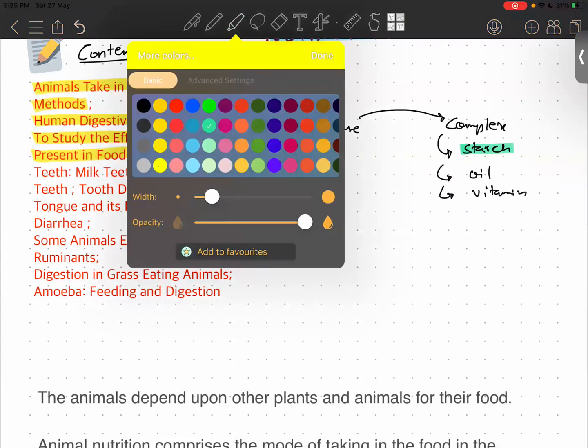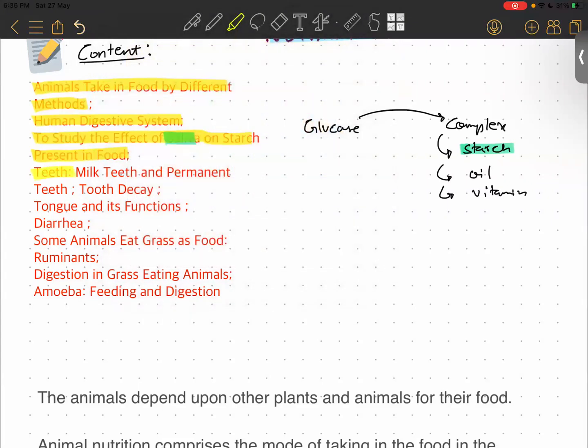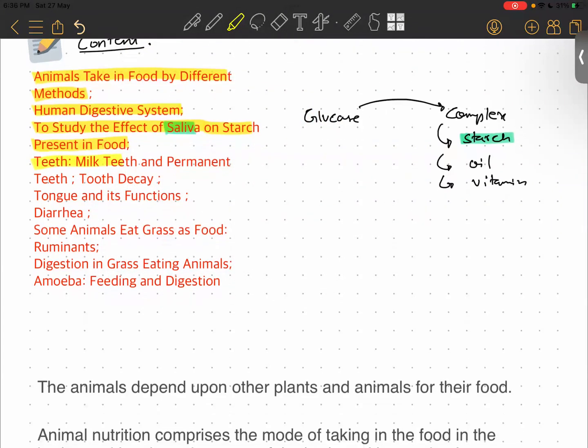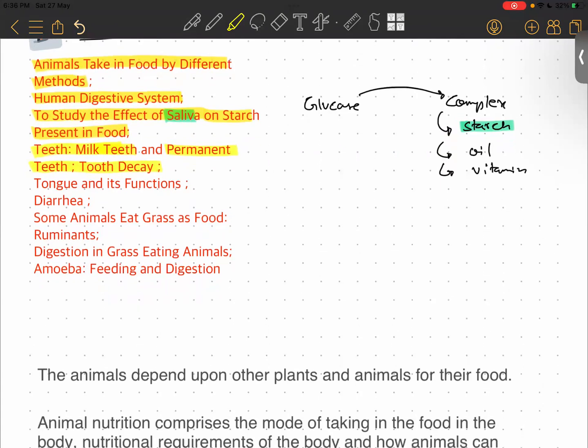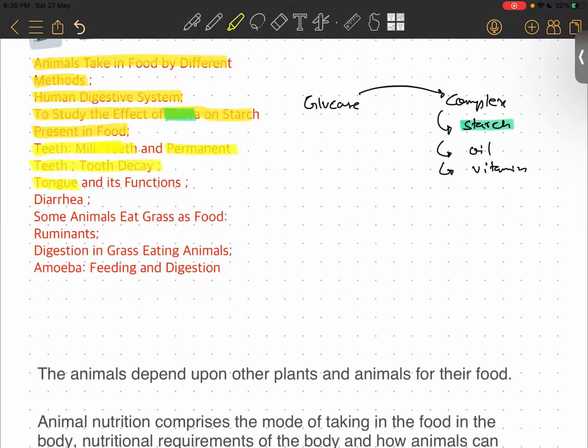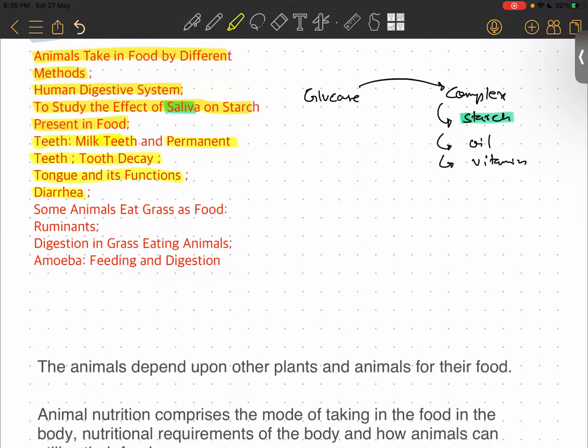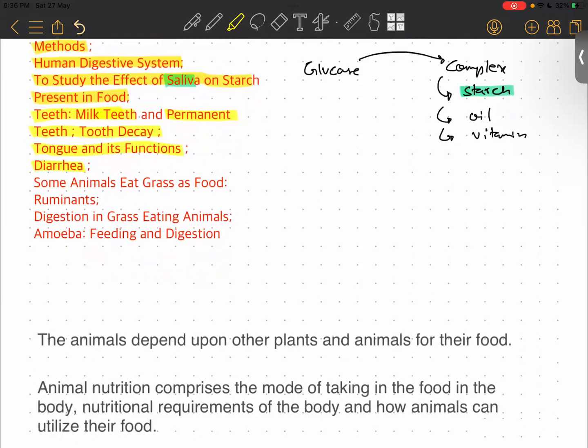Next, we will be discussing teeth and their types. There are milk teeth and permanent teeth, and we will also discuss tooth decay. Next, we will talk about the tongue and its functions. Then we have diarrhea, related to the stomach.